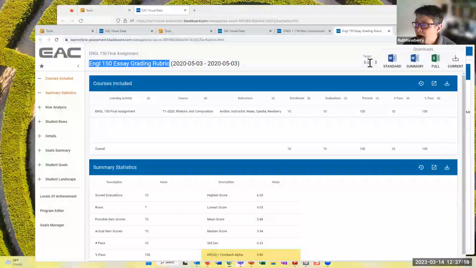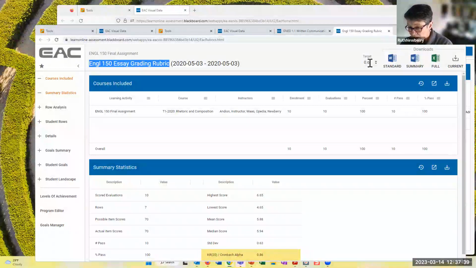So if you remember when I was talking about the rubric itself, there's usually a column in there that is our benchmark between marking unsatisfactory work and satisfactory work. If I think of a grading scale, it could be 60%.